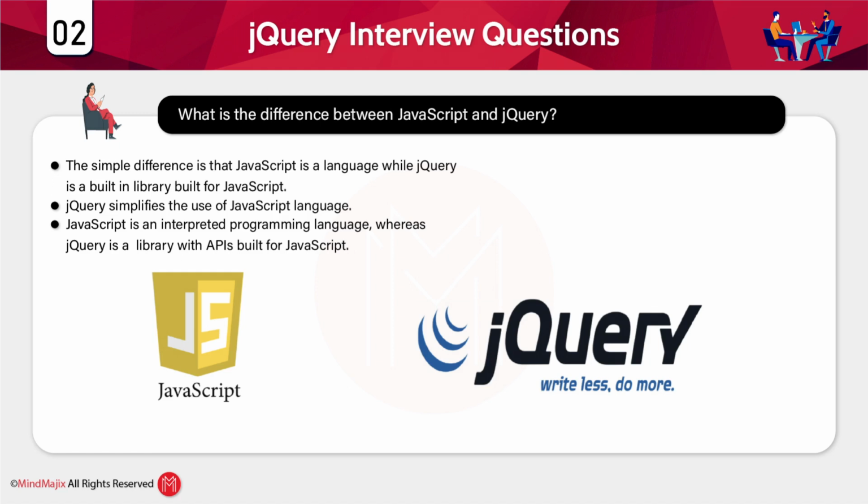And the third one is JavaScript is an interpreted programming language, whereas jQuery is a library with APIs built for JavaScript. So these are the major three differences between JavaScript and jQuery. There are many more differences, but those are not that important.